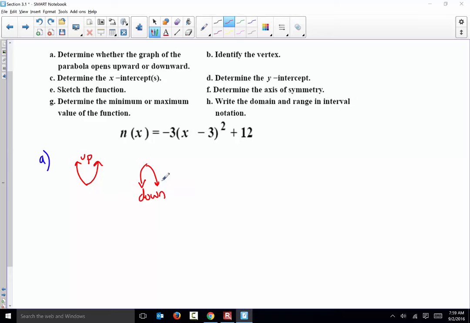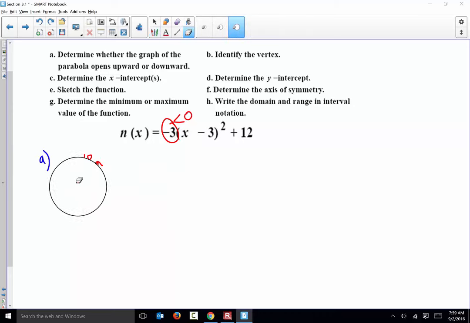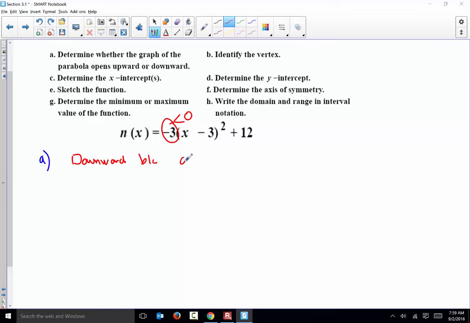Down. Ashley says it's down because this number is less than 0, negative, downward is the right choice. Because A is negative 3, which is less than 0. Okay? So far so good, huh? Any questions?